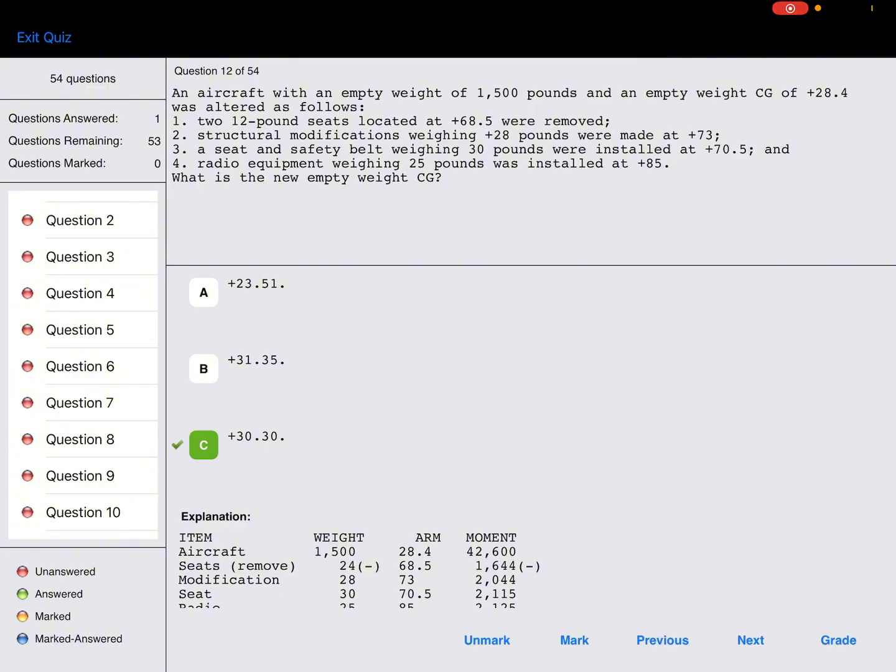But for a basic question like this, this is how it is done. But if you want to see another video of the more complicated weight and balance questions, please let me know.